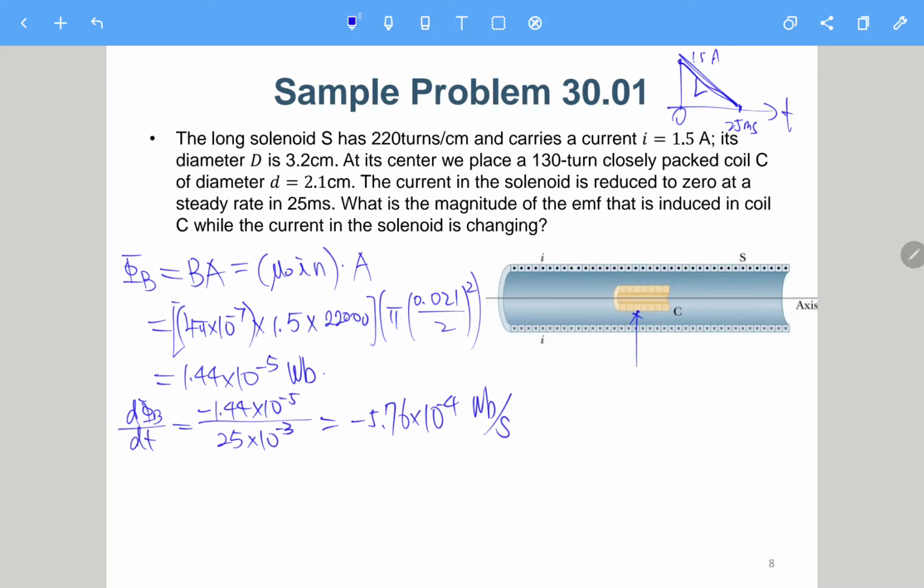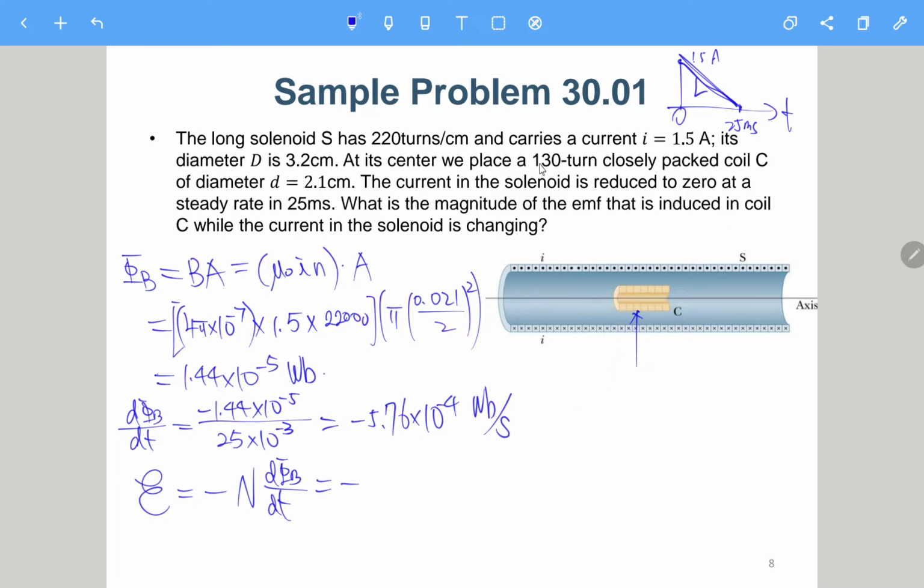Okay, so we can just plug this into Faraday's law. So we have E equals negative N dΦB/dt. This is capital N, this is small n. Small n is the number of turns per unit length, and capital N is the total number of turns.